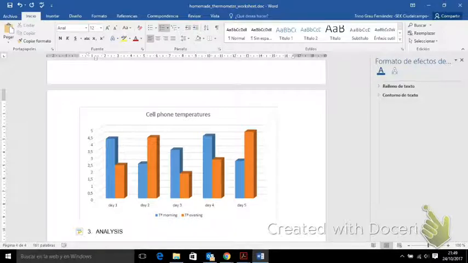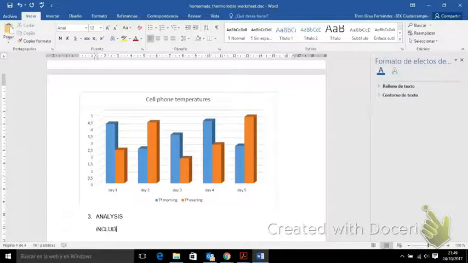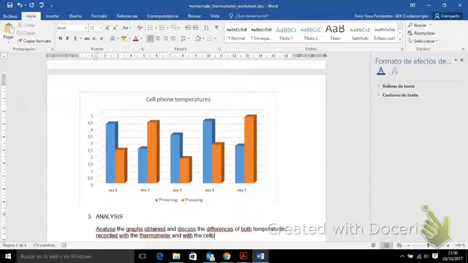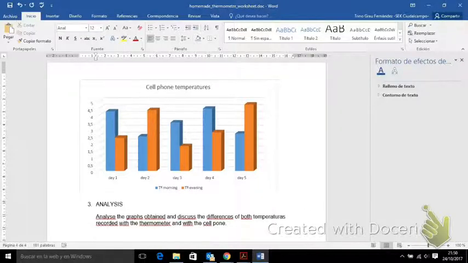So here in the analysis, include or analyze the graphs obtained and discuss the differences of both temperatures recorded with the thermometer and with the cell phone, okay, with the cell phone or with the website.